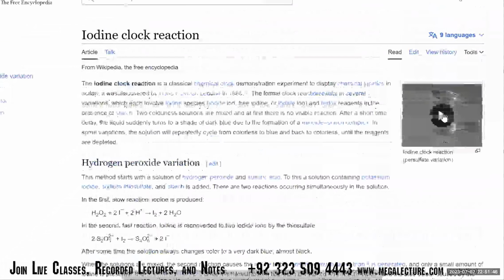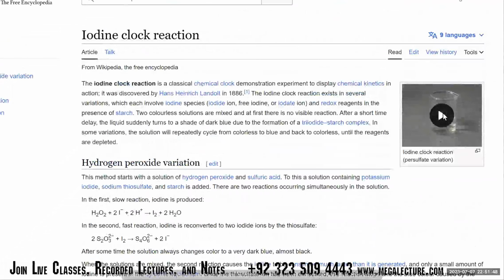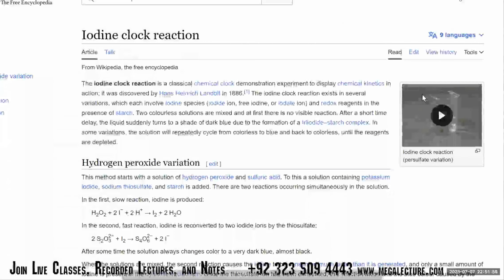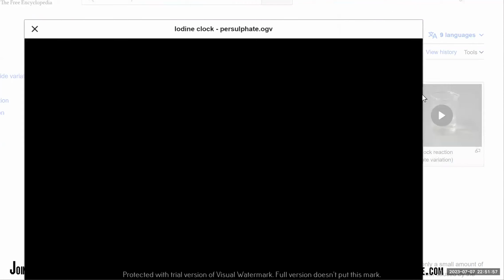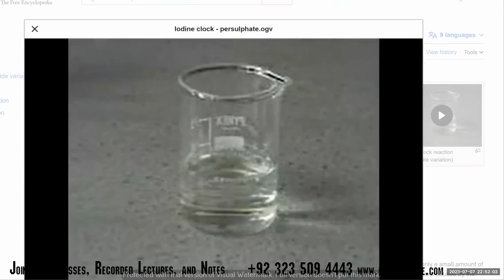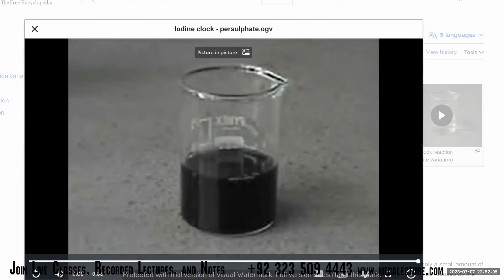If this plays, my laptop is really not working. Just a second. So if you can see, it's colorless right now, and then all of a sudden it turns blue-black, right?